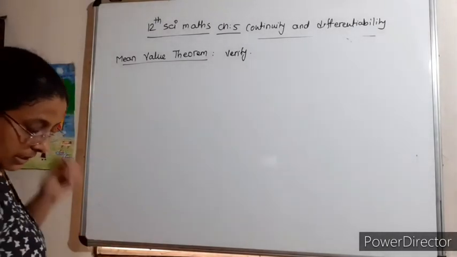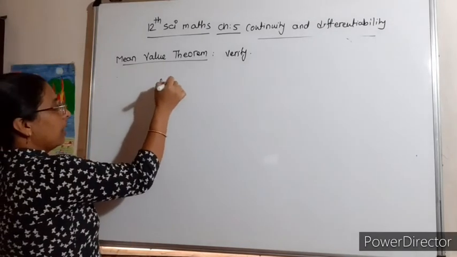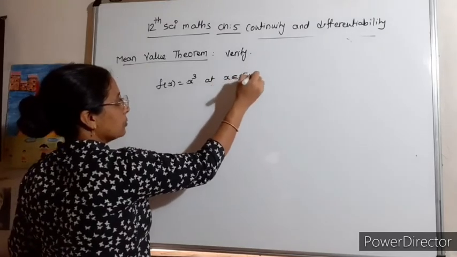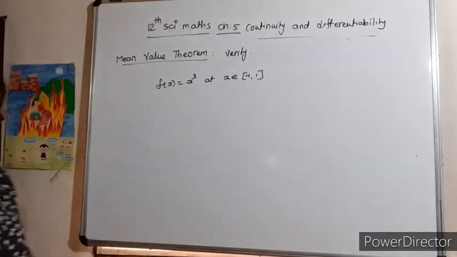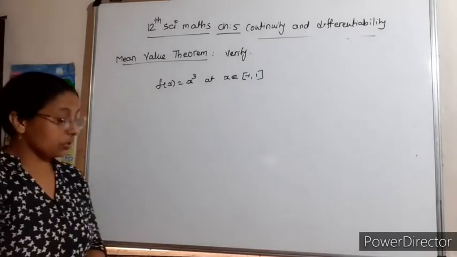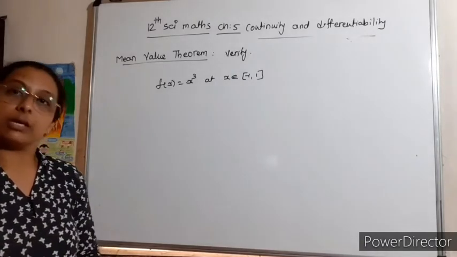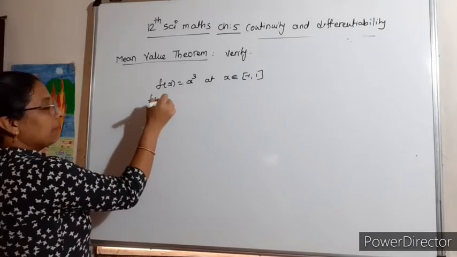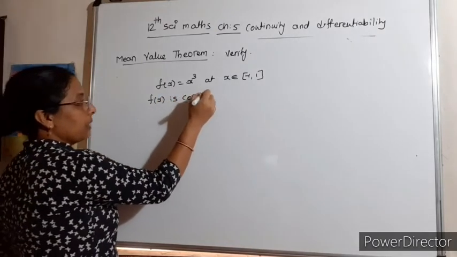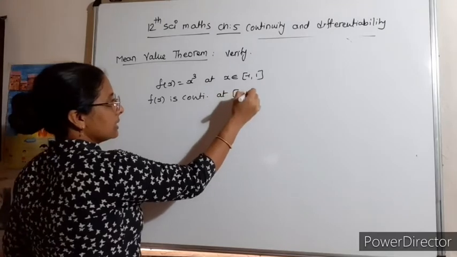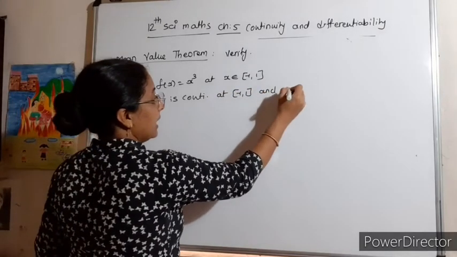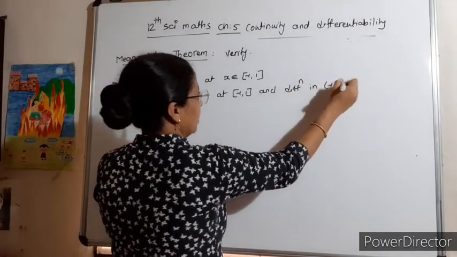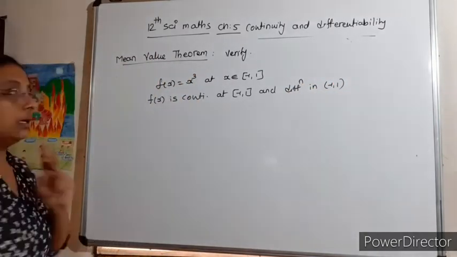Then another one more sum is f(x) is equal to x cube, x belongs to [minus 1, 1]. So you have to verify the mean value theorem for this. So first of all f(x) is continuous in closed interval [minus 1, 1] and differentiable in open interval (minus 1, 1).